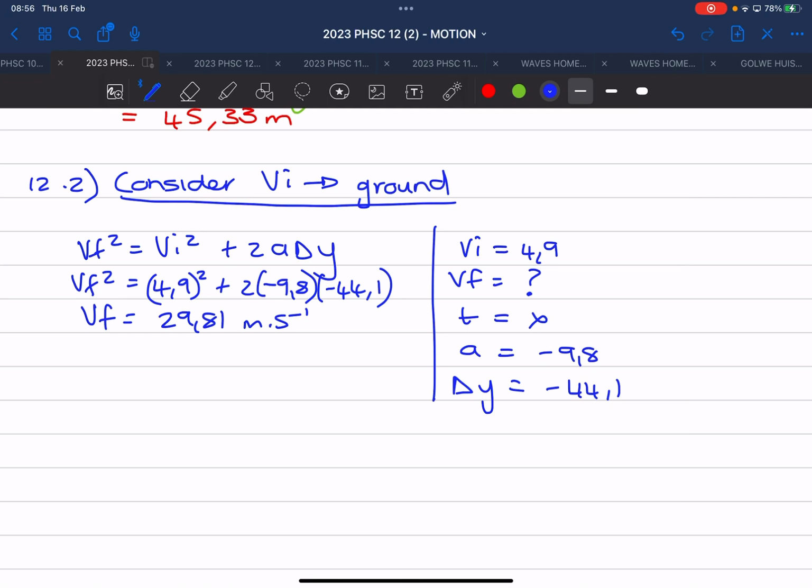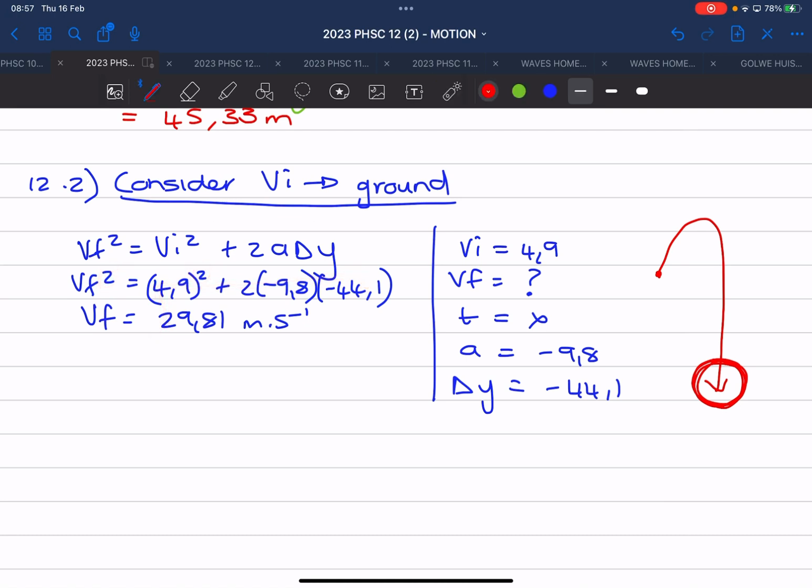Okay, but, a big fat but. We looked at this motion. So when it's going down there, reaches the ground, it is going down. It's going in the negative direction. So our answer should actually have been negative. But due to the squares and the square root, it is not.